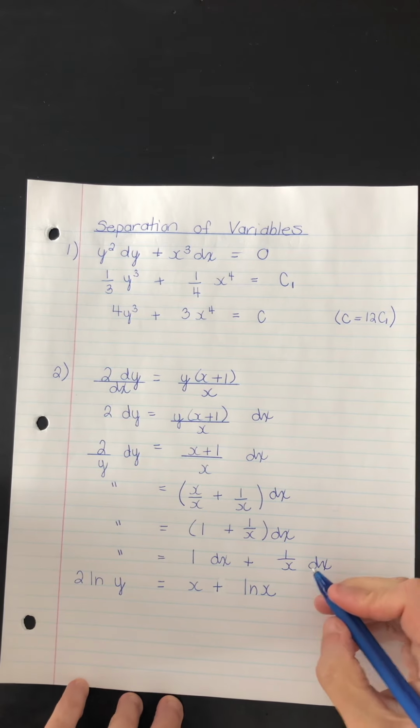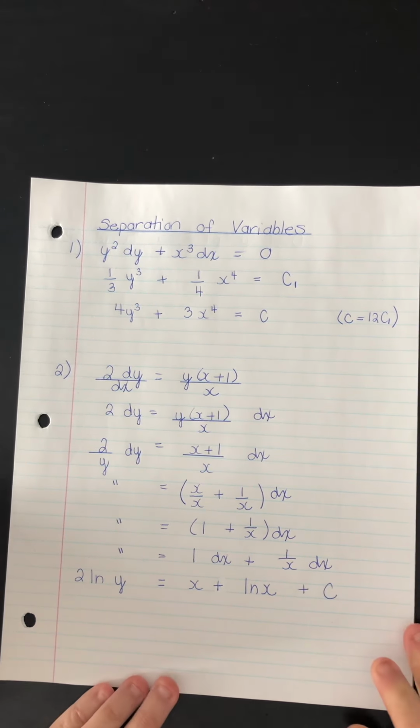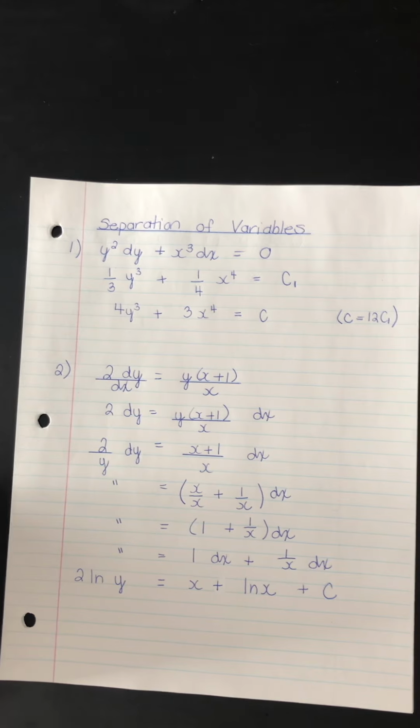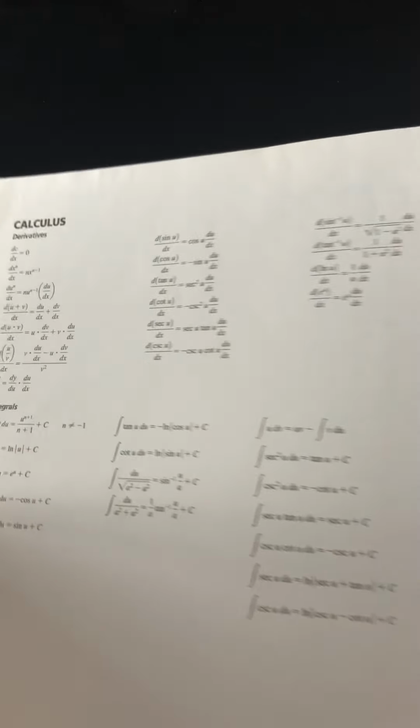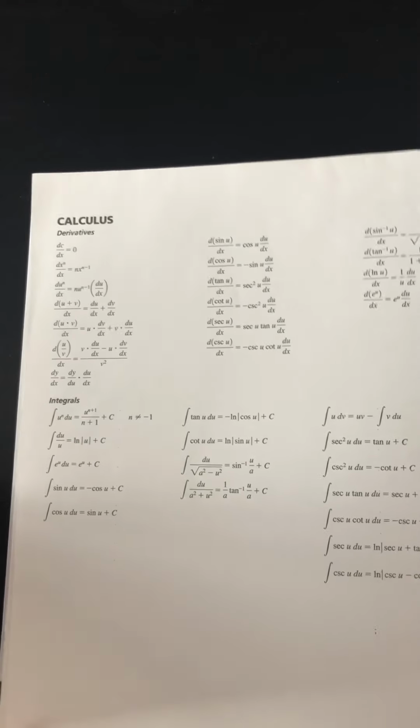All right, and of course, we would have a constant of integration. Now, I want to show you that at the back of your textbook, inside the back cover, there are formulas, okay?